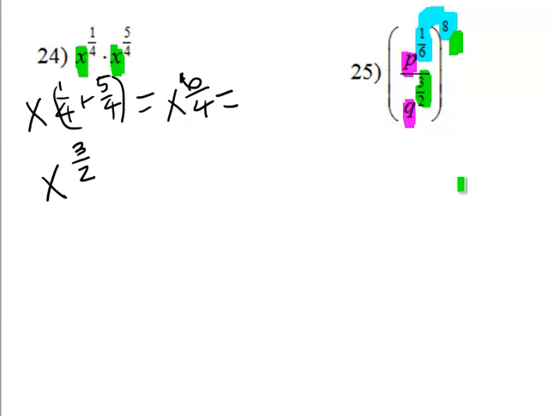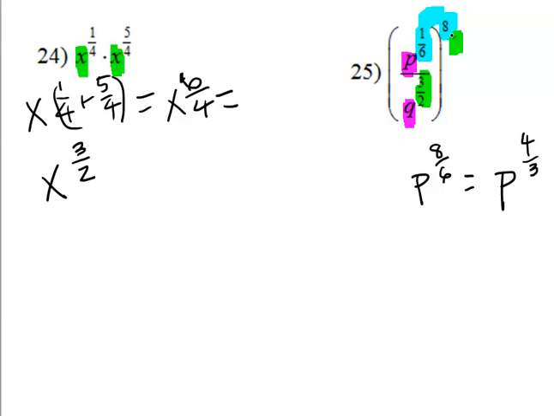It's still going to be p. 1/6 times 8/1 would be 8/6. You can reduce that to p to the 4/3.